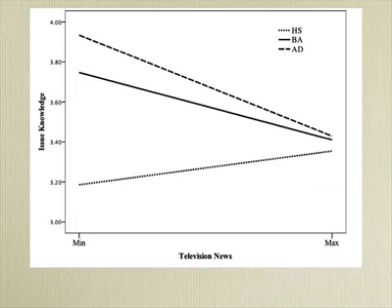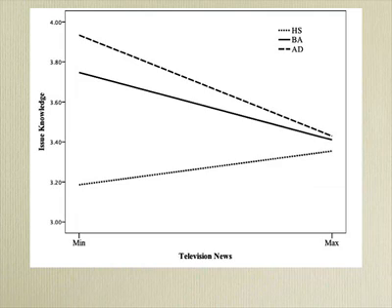So here are the lines with the equations that we looked at earlier, where for somebody with only a high school degree, the more television they watch, the more they tend to know and learn about politics or some current campaign. But the same isn't true for people with a bachelor's degree and advanced degree.